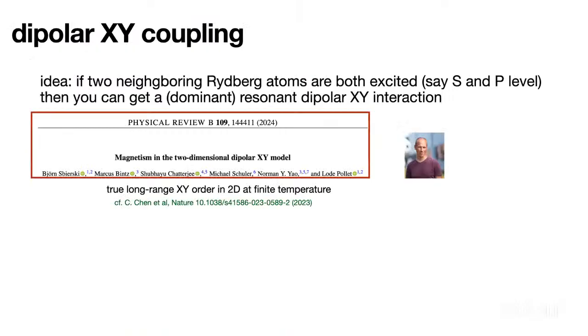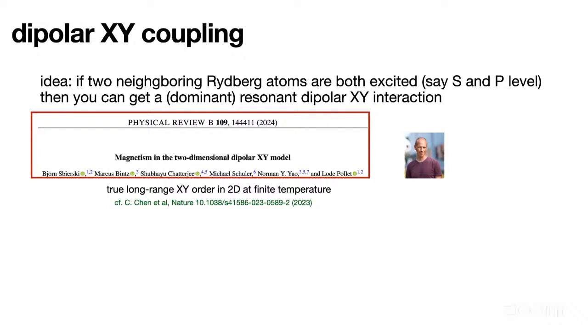Now, the first system we looked at was the so-called dipolar XY coupling, something we analyzed together with Björn Sbierski, who I believe is on Zoom. Hi, Björn. This was an experiment, again done in the group of Antoine Browaeys that you mentioned here. Now, the interaction is not the one I discussed before, it's another one. Suppose you have again two Rydberg atoms, an S and a P level with a very high principal quantum number.